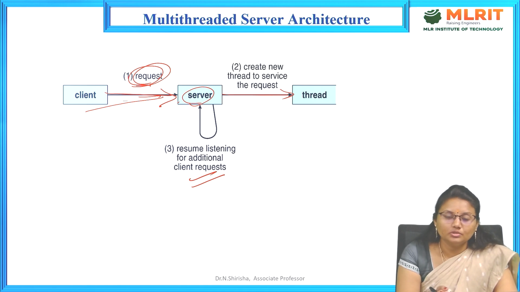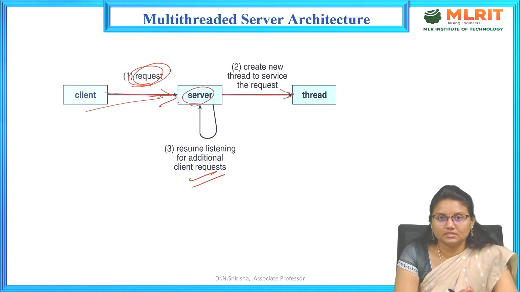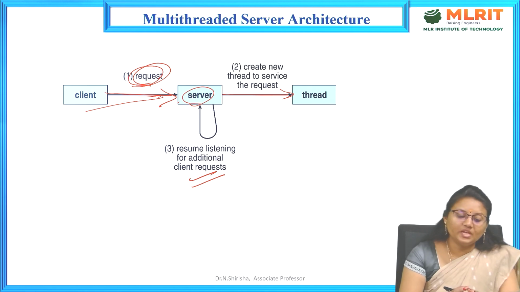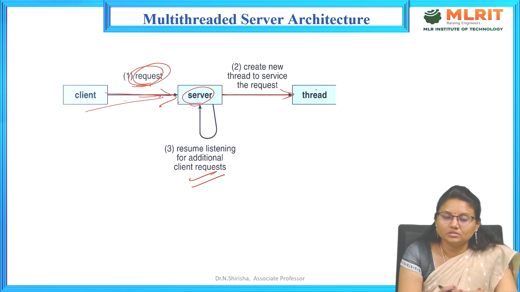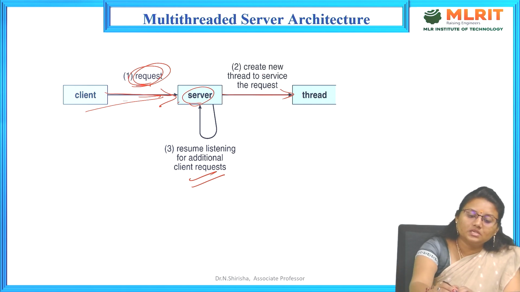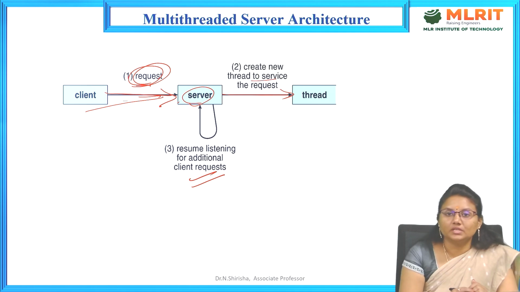To check that, it sends a few system calls, which are used to collect all the requests. Therefore, the server collects all the requests and sends them to the processor for execution. So here every request creates a new thread to service that request.